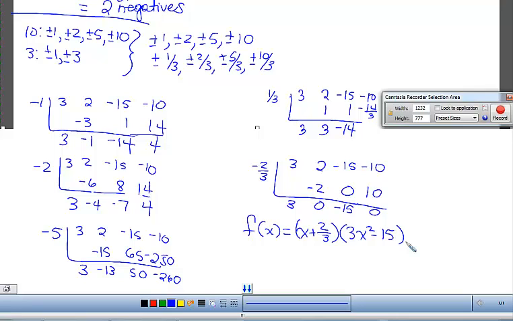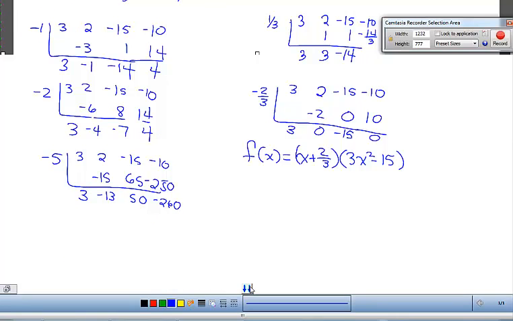Once we get to a quadratic, then we can use some of those other techniques to solve the problem. Well, we started with a cube, right? This was 3x cubed, x squared, x, and this was our constant.